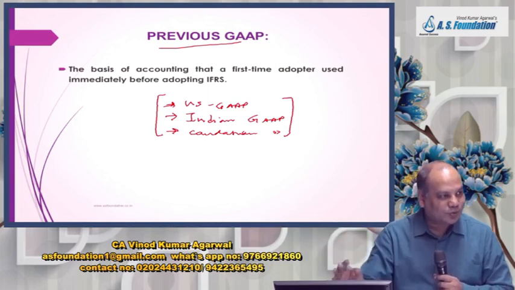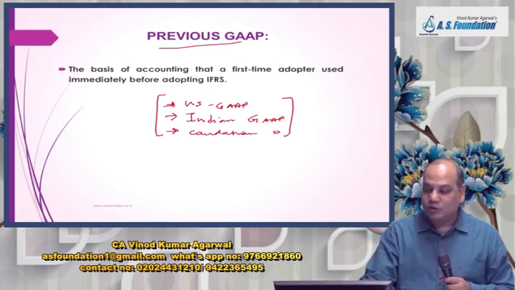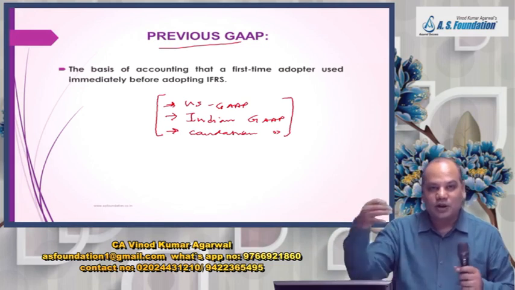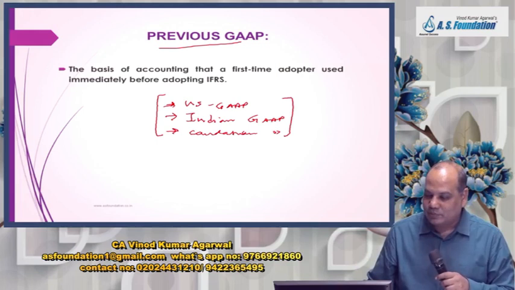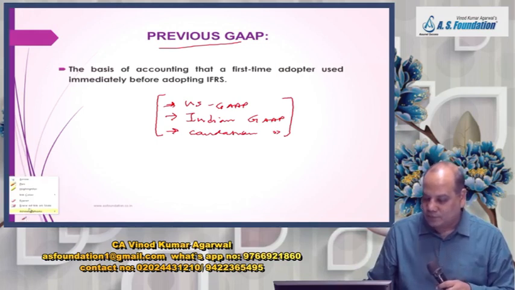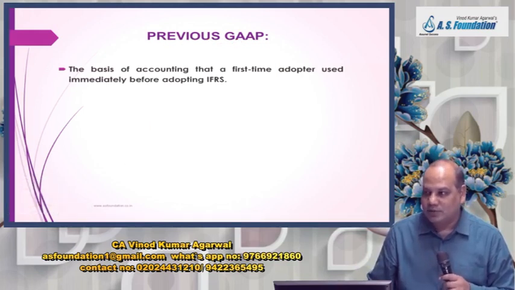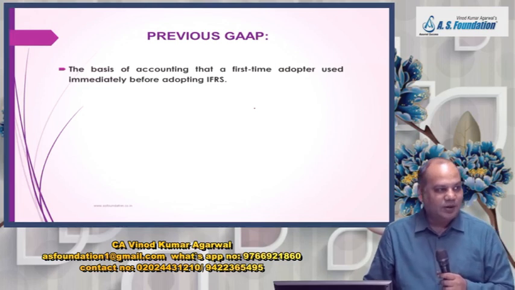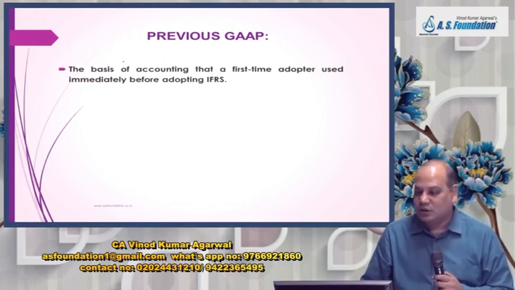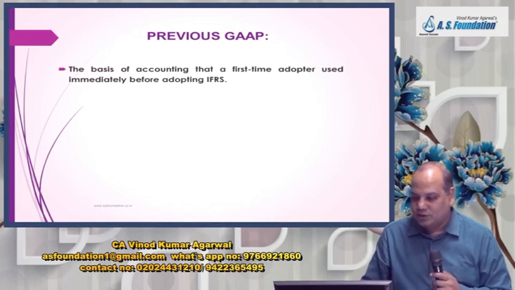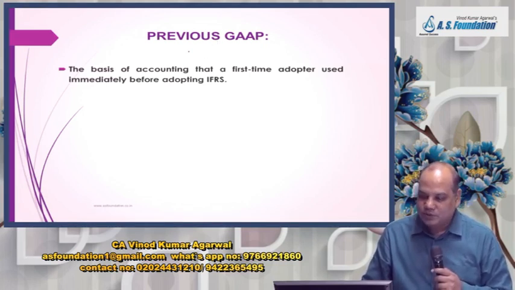They may also want to move to IFRS. Or suppose you follow half of this, half of that. That is also previous GAAP. Anything which is not fully IFRS compliant, where you have not given an unreserved statement about the compliance of IFRS, all such accounting systems we will call previous GAAP.